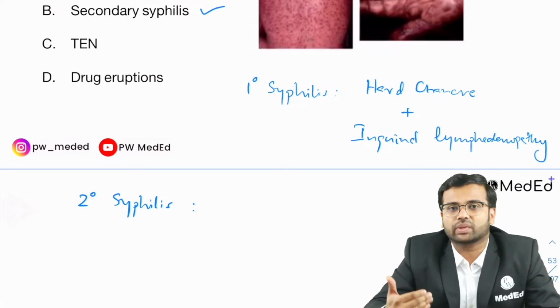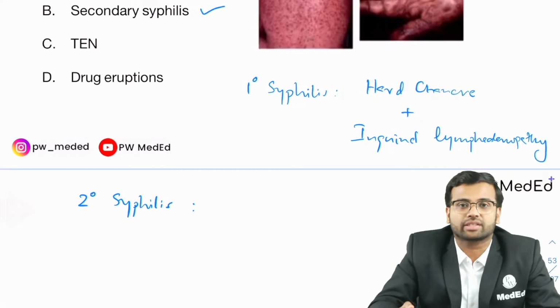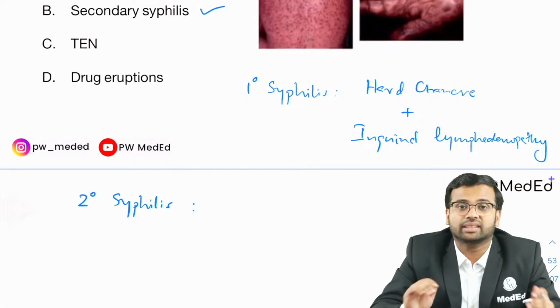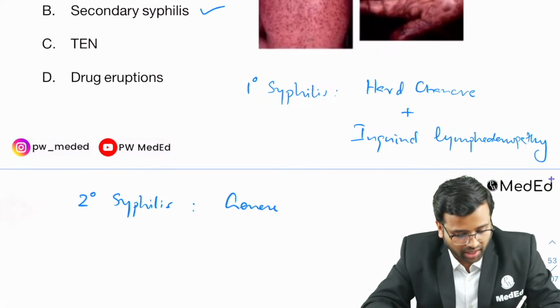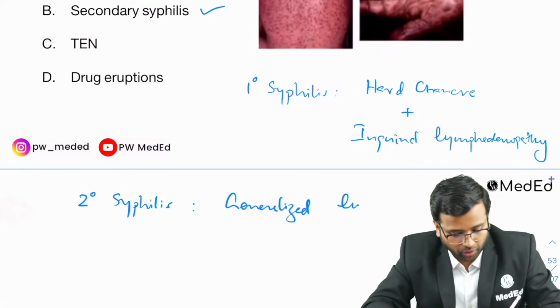Now, what happens when the patient proceeds into secondary syphilis? The difference is that this inguinal lymphadenopathy is going to become a generalized lymphadenopathy.